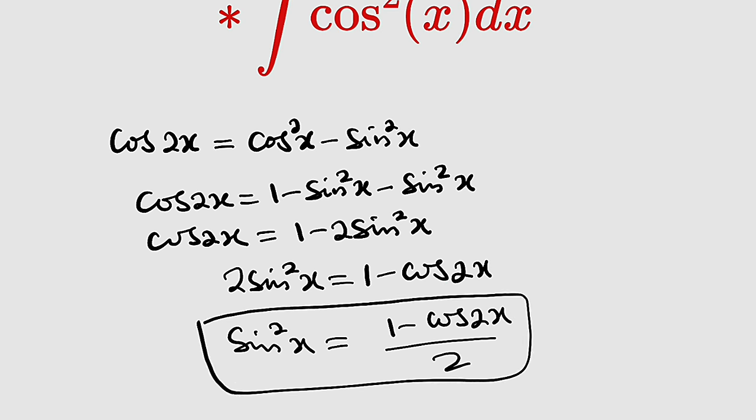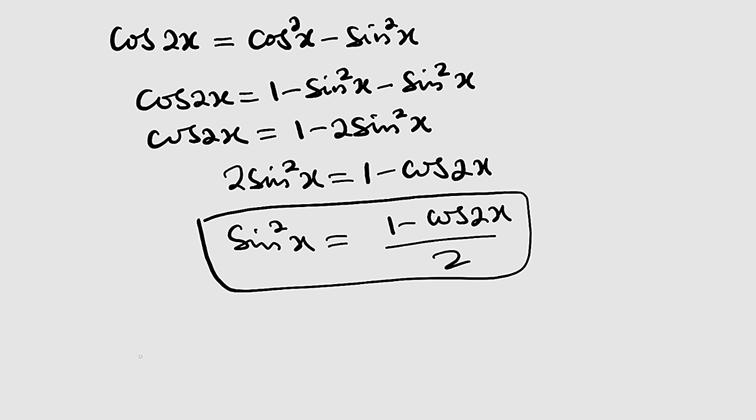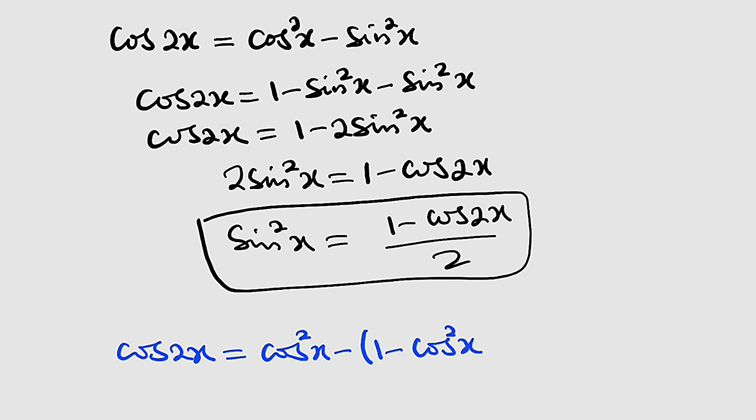Now let's do the same thing for cosine. Remember, from here I decided to change cosine in terms of sine. Now we are going to change sine in terms of cosine. Therefore, cosine of 2x is equal to cosine²x minus sin²x, which is the same thing as 1 minus cosine²x.